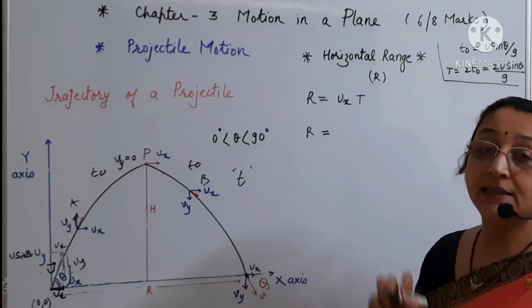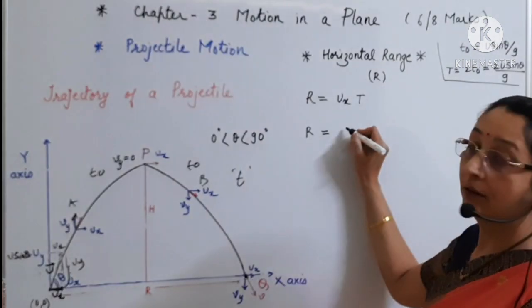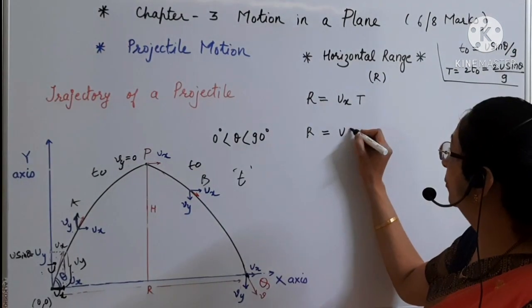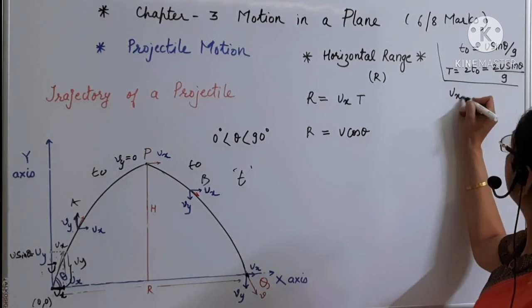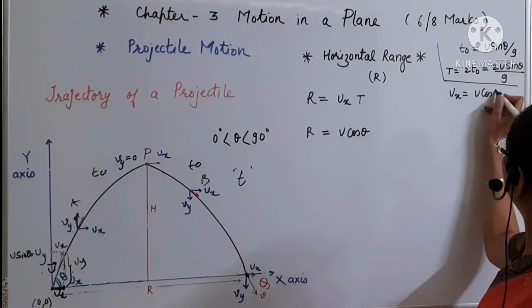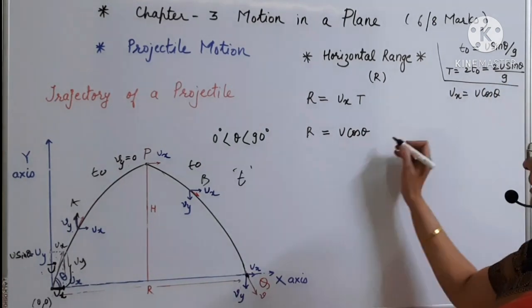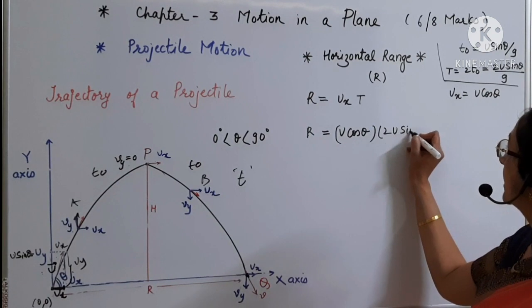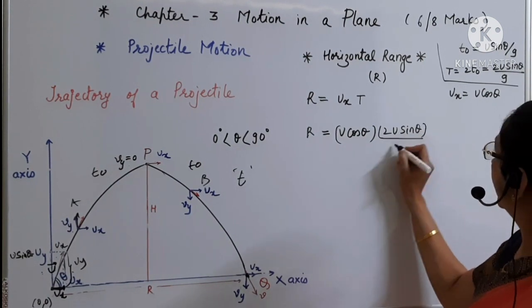Now what is ux? We know ux is u cos theta, the component along the x-axis. So इथे आपण ux च्या जागेवर लिहिलं u cos theta. ux is equal to u cos theta, and T is 2u sin theta upon g.